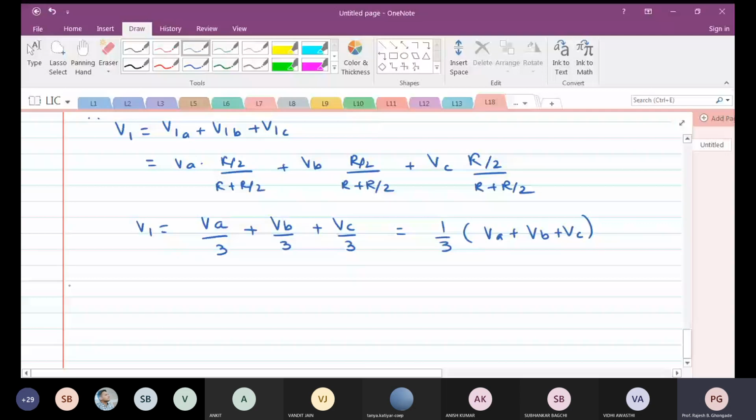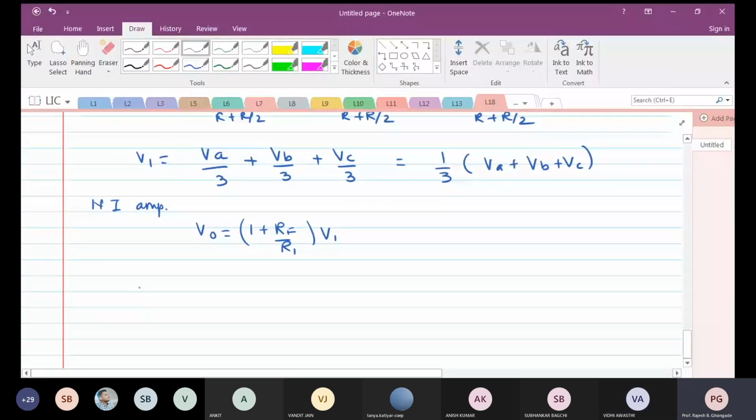Yes, sir. But we already know that this is a non-inverting amplifier. So what is the output equation? Output voltage equation for non-inverting amplifier? VO is 1 plus RF by R1 into your V1, isn't it?